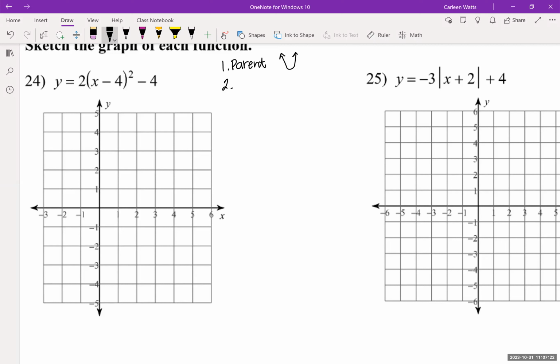According to my way, vertex. Okay, Zoomers, what's the vertex?